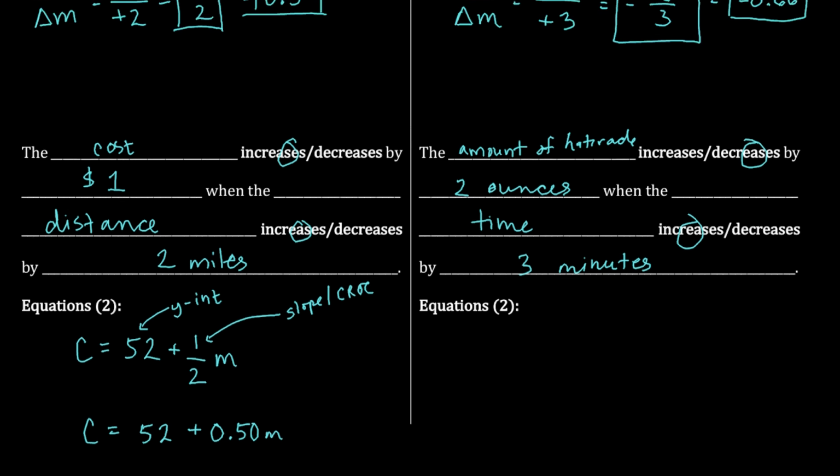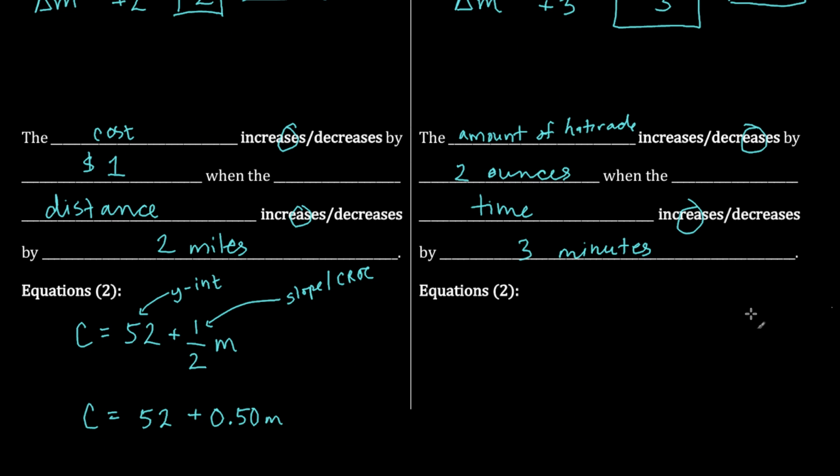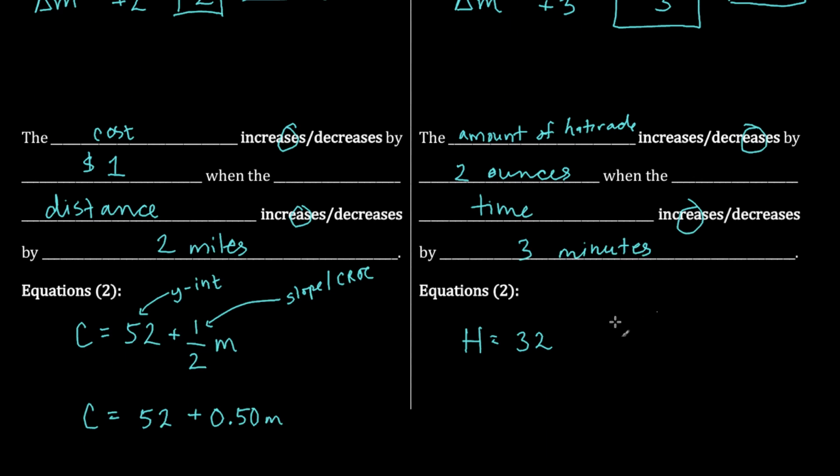Cool. So remember, we're talking our dependent variable. The one we care about is the amount of haterade in the bottle. So the amount of haterade in the bottle starts with 32 ounces, and then it decreases by 2 ounces every 3 minutes. So it decreases by 2/3 of an ounce every minute.